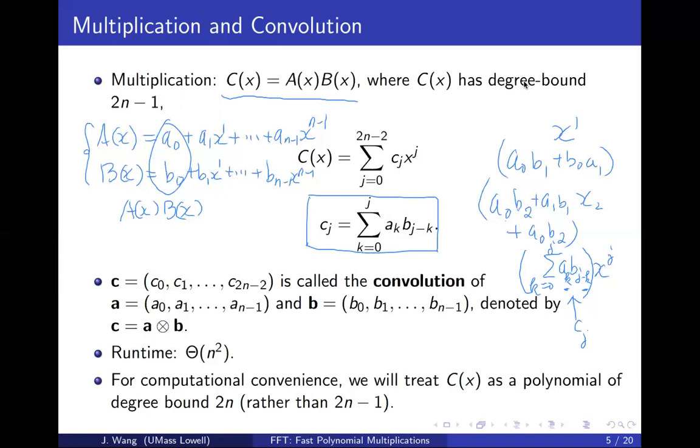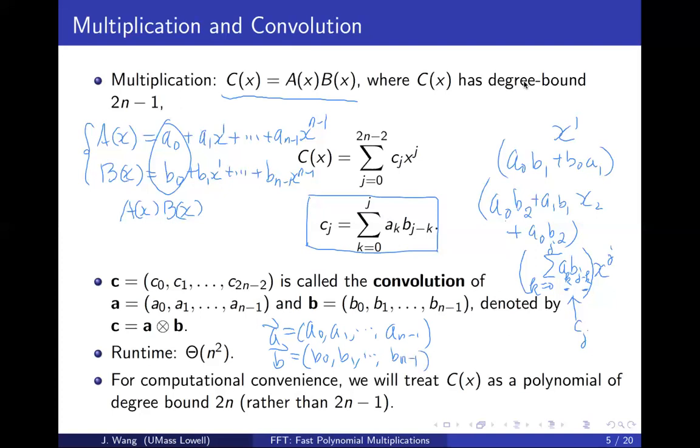We can represent Ax as a vector: a0, a1, up to a(n minus 1). Likewise, vector B is b0, b1, up to b(n minus 1).